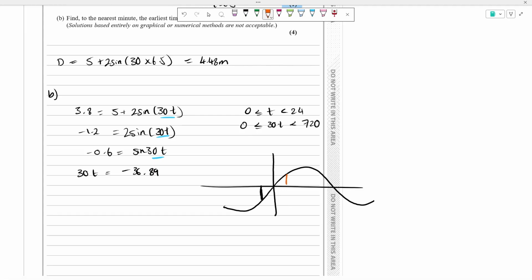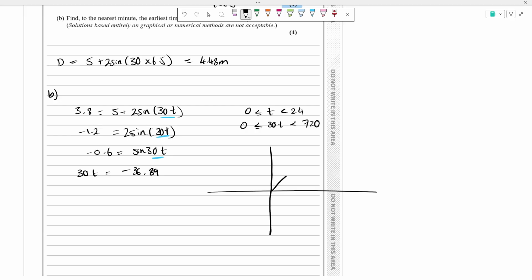If we look at what the sine graph looks like, minus 36.89 is probably back here somewhere. And if I draw a horizontal line, you can see that the next value up is probably here. Well, how do we get there?